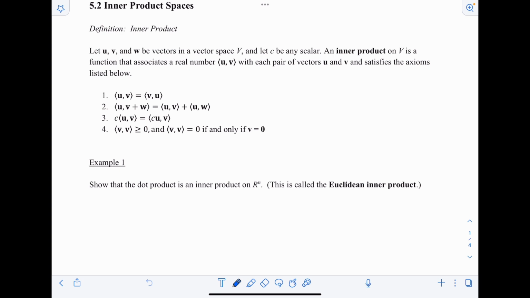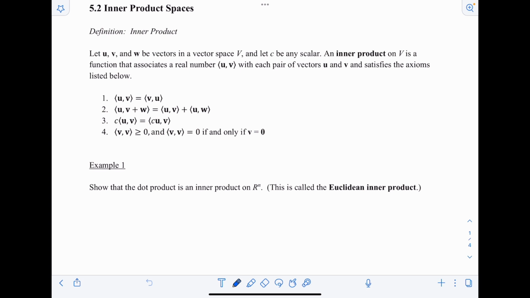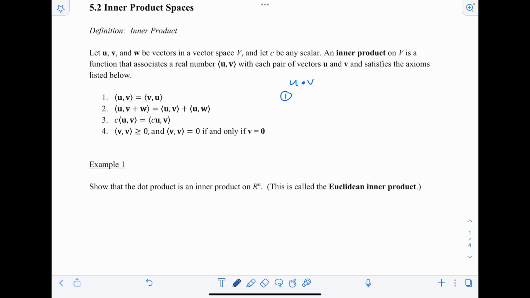So let's put this into context before we go through the proof, so to speak. Let's take u dot v, and let's think about what the dot product would look like for each of these 4 axioms. The first axiom says that you can perform the operation on the 2 vectors in either order. For a dot product, I could take u dot v, or I could take v dot u, and I would get the same answer.